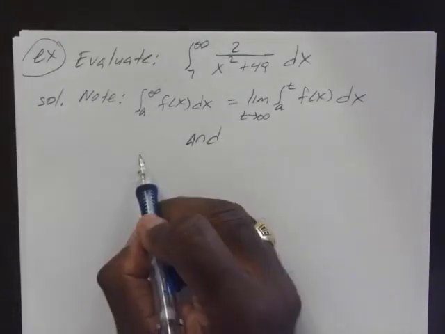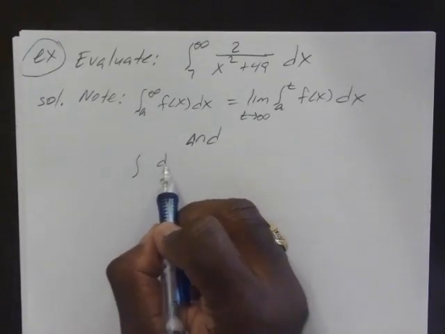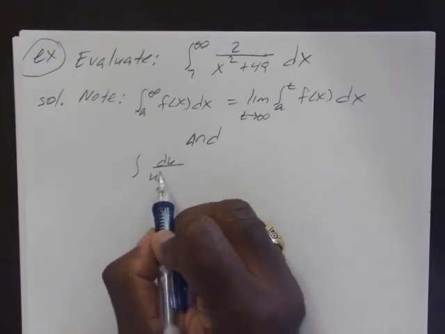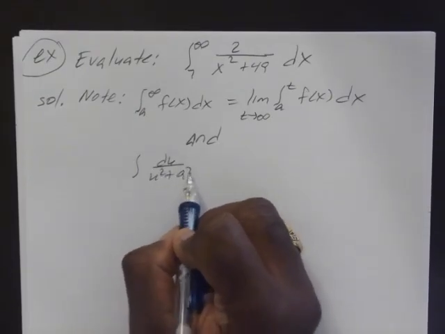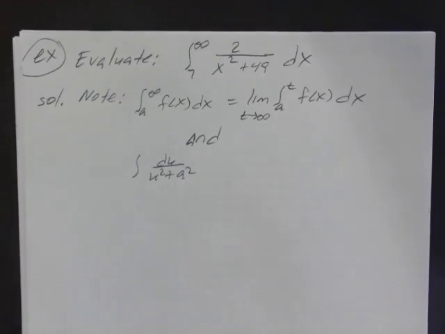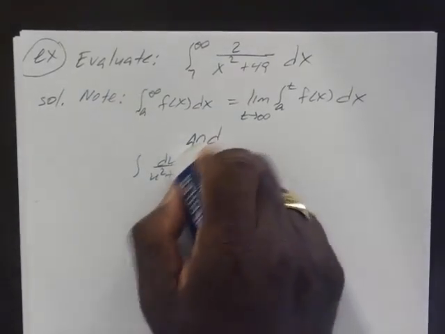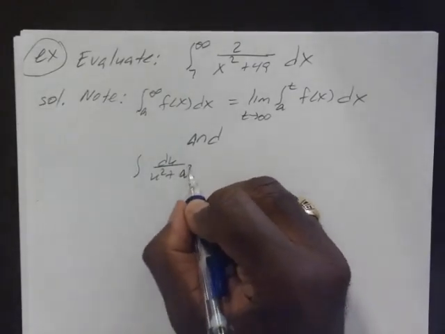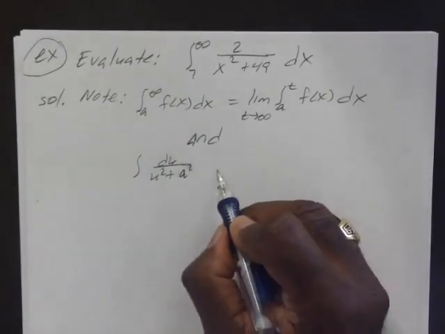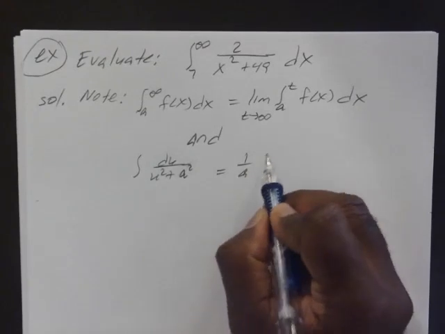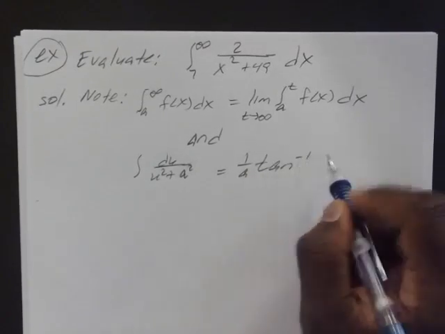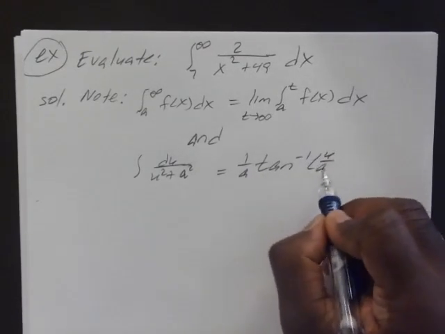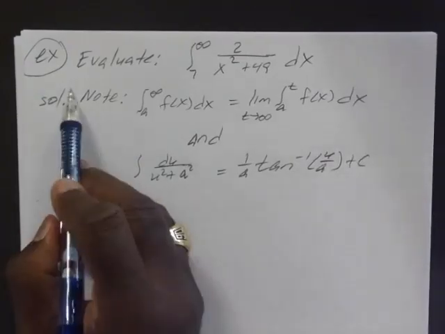And you want to remember that the integral of du divided by u squared plus a squared is equal to 1 over a times the tangent inverse of u over a plus c.